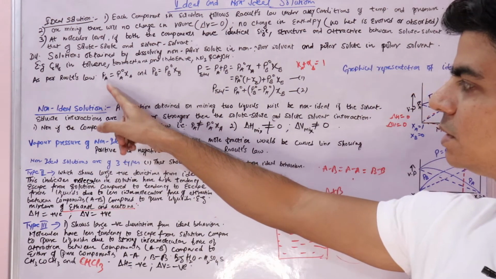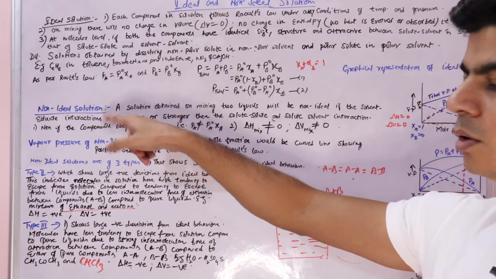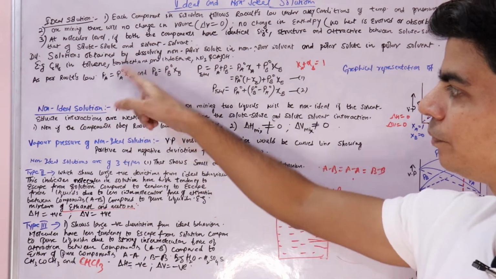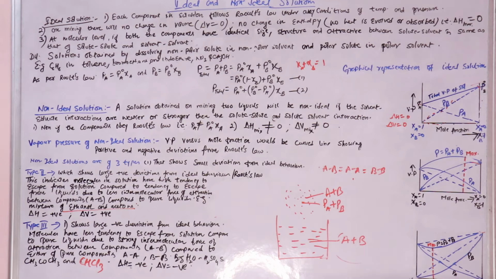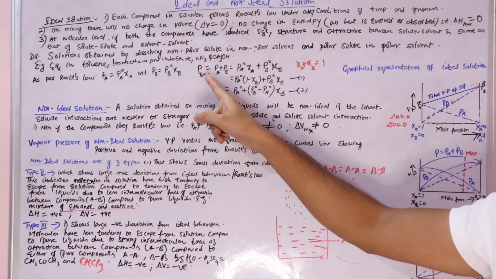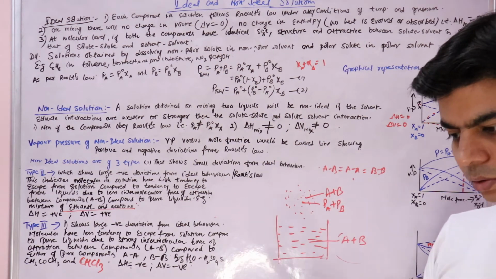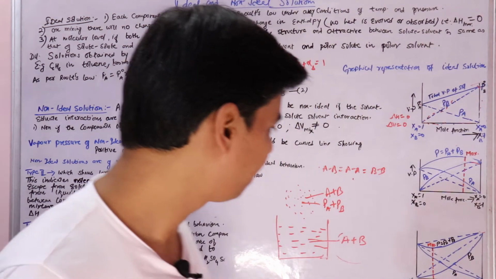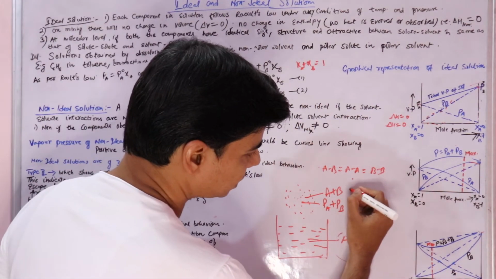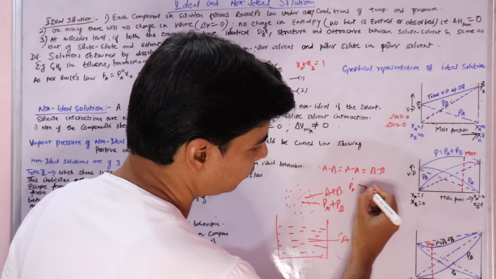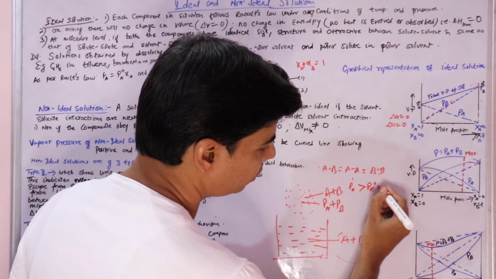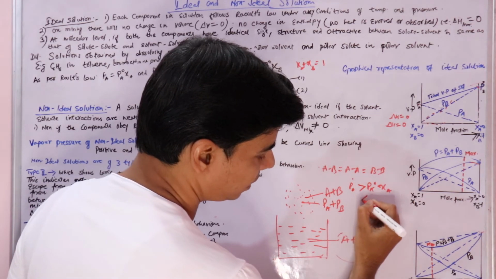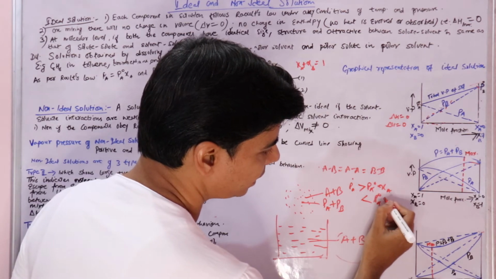So partial vapor pressure due to A would either be less or more than that of both the liquids. For example, since it doesn't comply with Raoult's law, PA would either be greater than PA0 XA, or it may be less than PA0 XA.